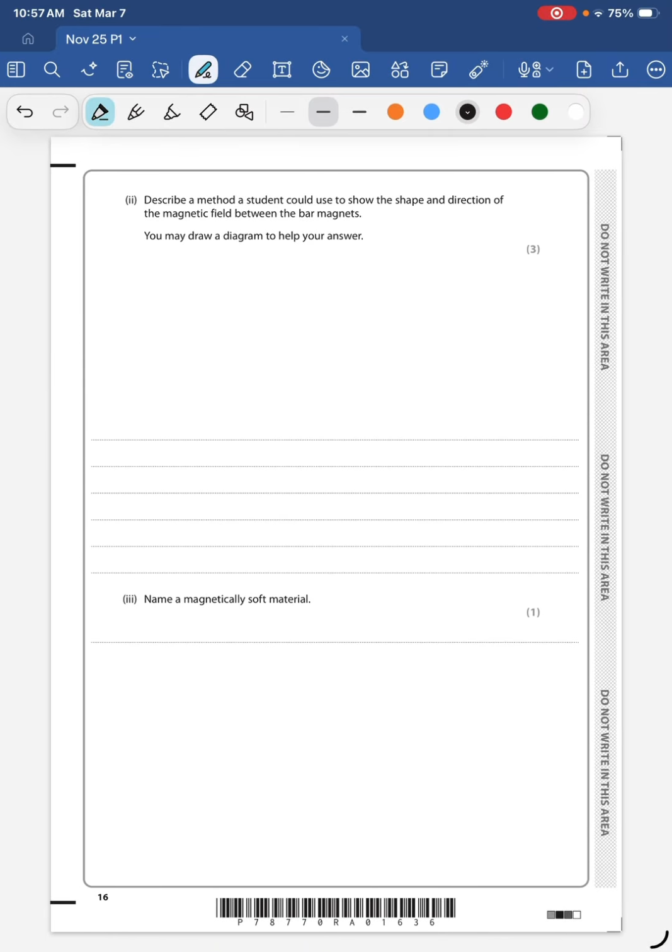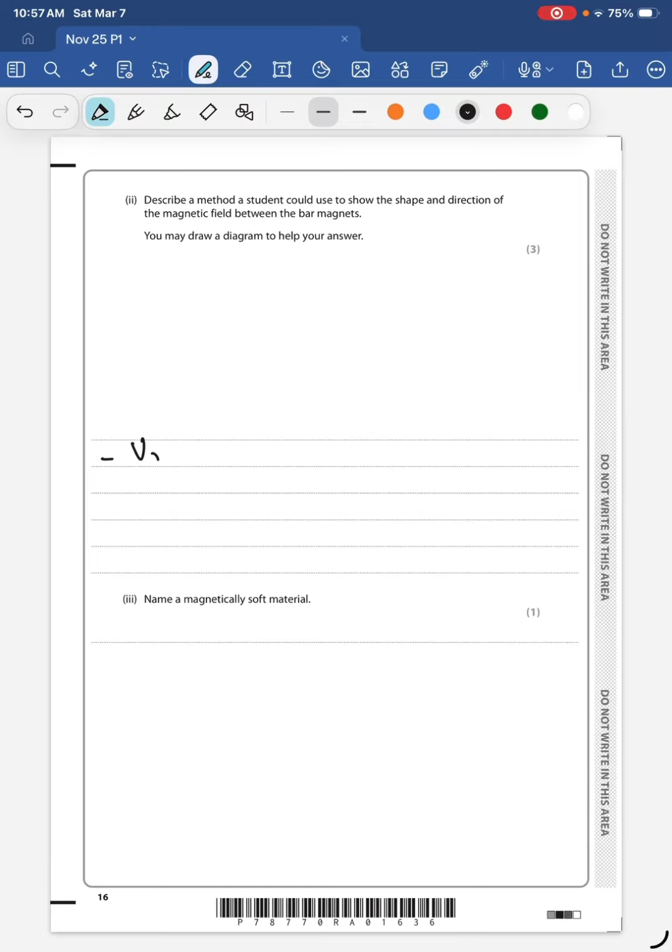Part 2. Describe a method a student could use to show the shape and direction of the magnetic field between the bar magnets. You may draw a diagram to help your answer. I'm going to write down here and maybe I will draw a diagram.